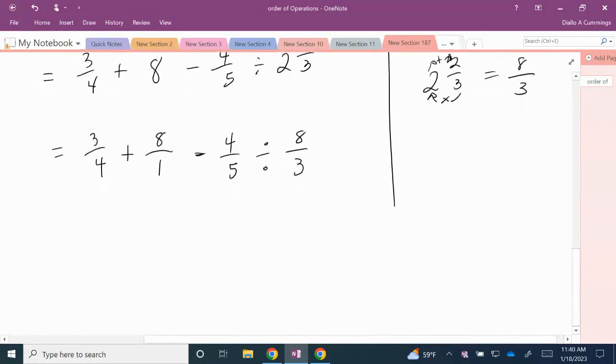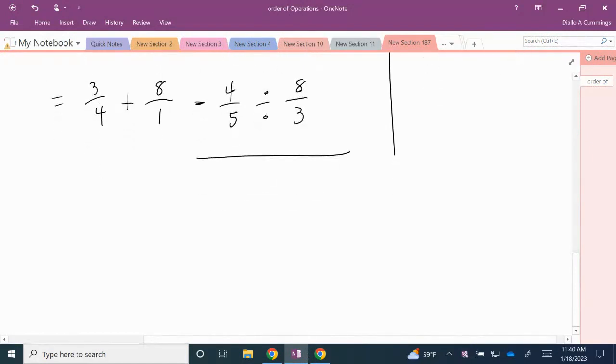So if we go back to our order of operations, the next thing I want to do is divide. So I'm going to bring down my 3/4, and I'm going to bring down my 8/1 and my minus. Now you can't divide fractions, but you can multiply by the reciprocal.